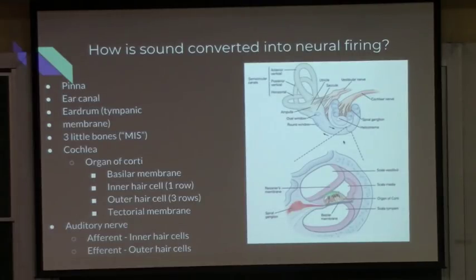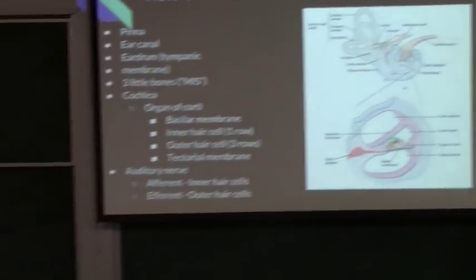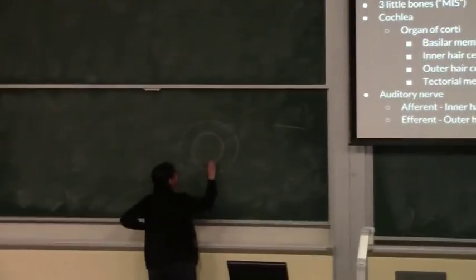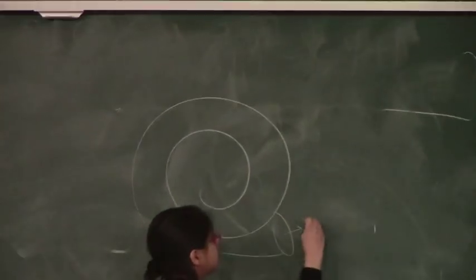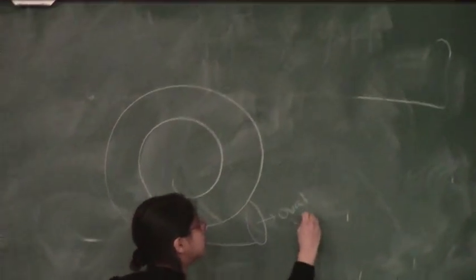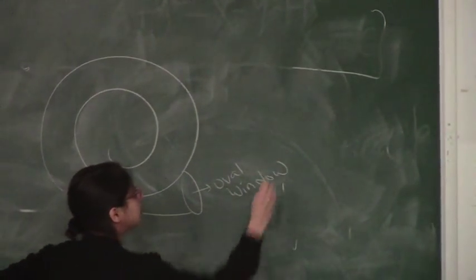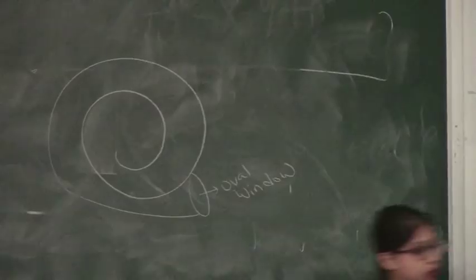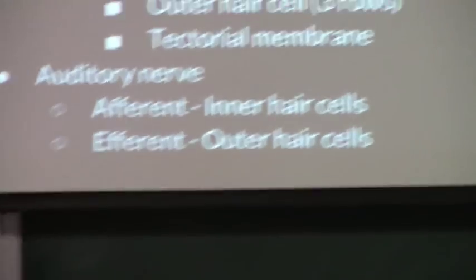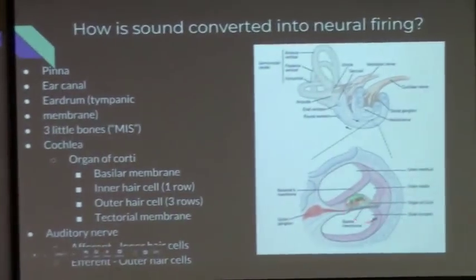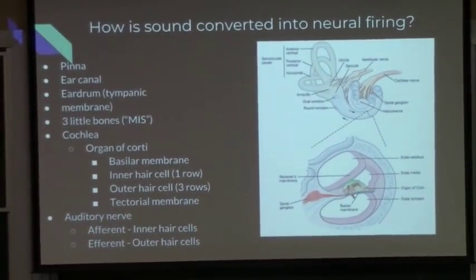The cochlea is important because it's this circular, spiral-like structure. And this might be the oval window. What we have running all along the cochlea is the organ of Corti, right in the middle.